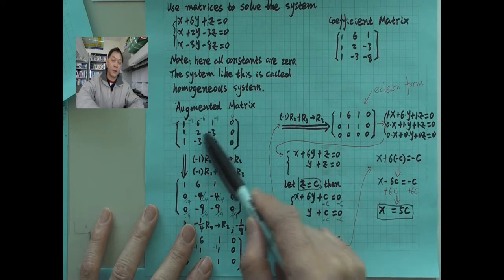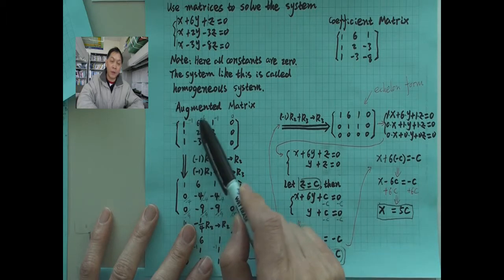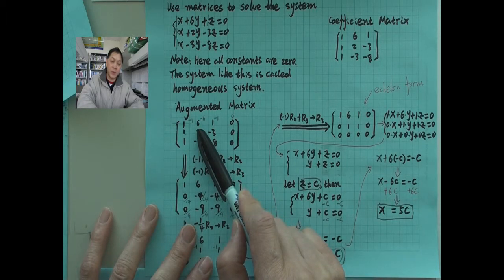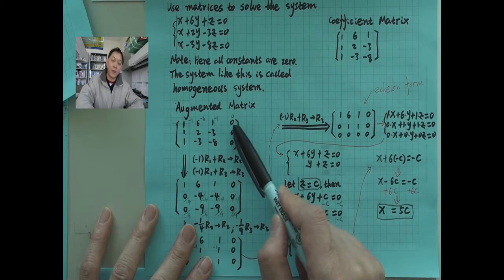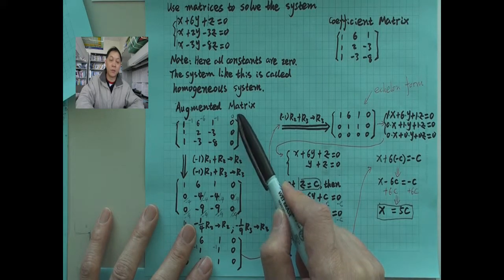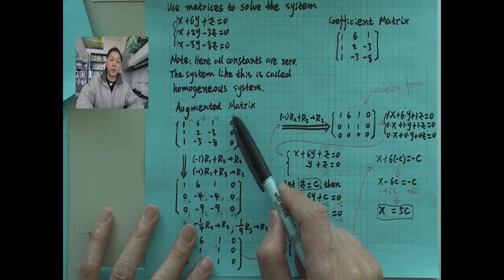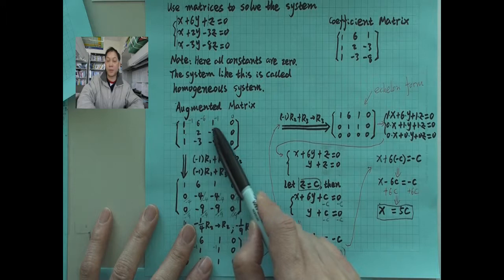What do we get? 1 times negative 1 is negative 1. Negative 1 times positive 6 is negative 6. Negative 1 times 1 is negative 1. And negative 1 times 0 is 0. So basically we use negative 1 times every element.